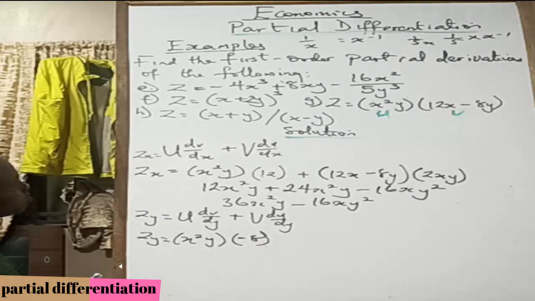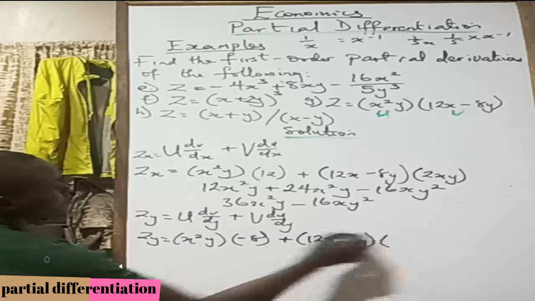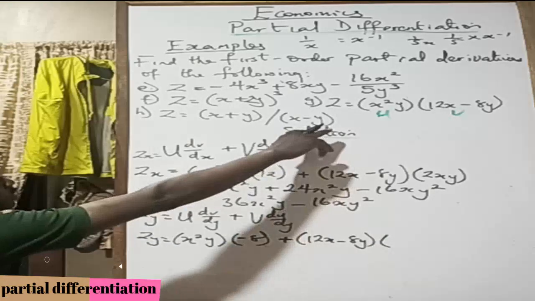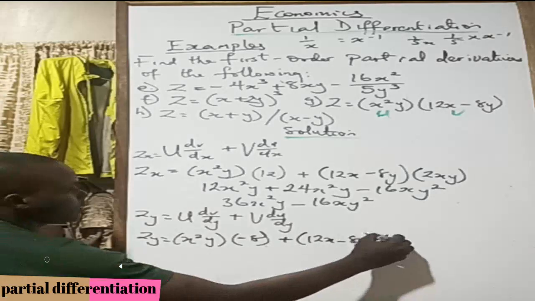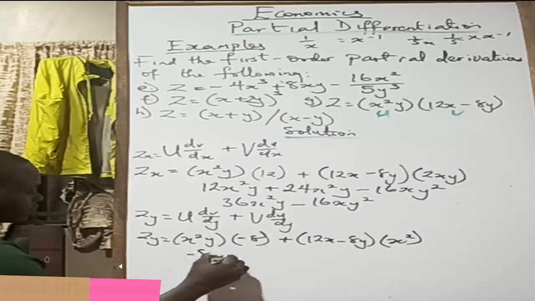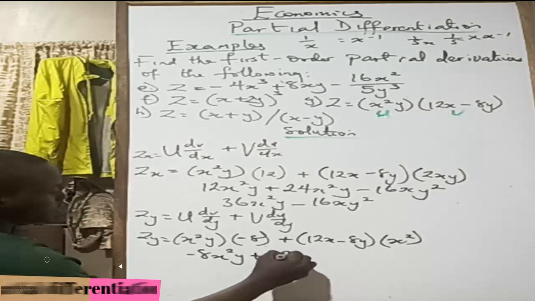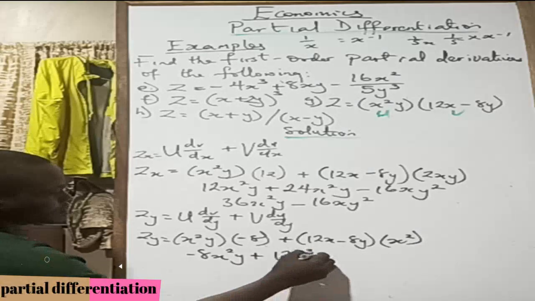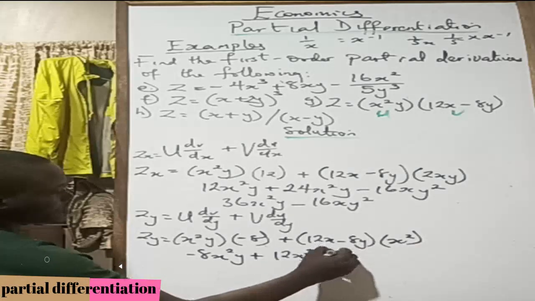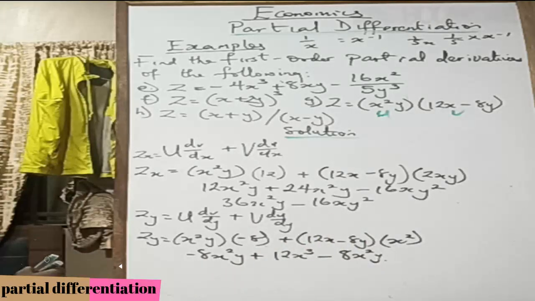And plus, what is v? v is 12x minus 8y. Then du/dy is just x squared because y disappears. So from here, minus 8x squared y, then plus 12x times x squared, that's 12x cubed, then minus 8x squared y.